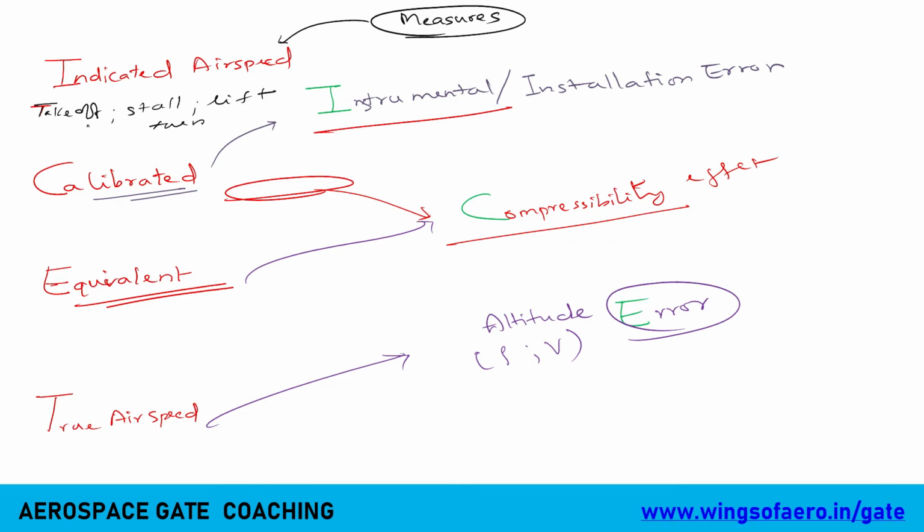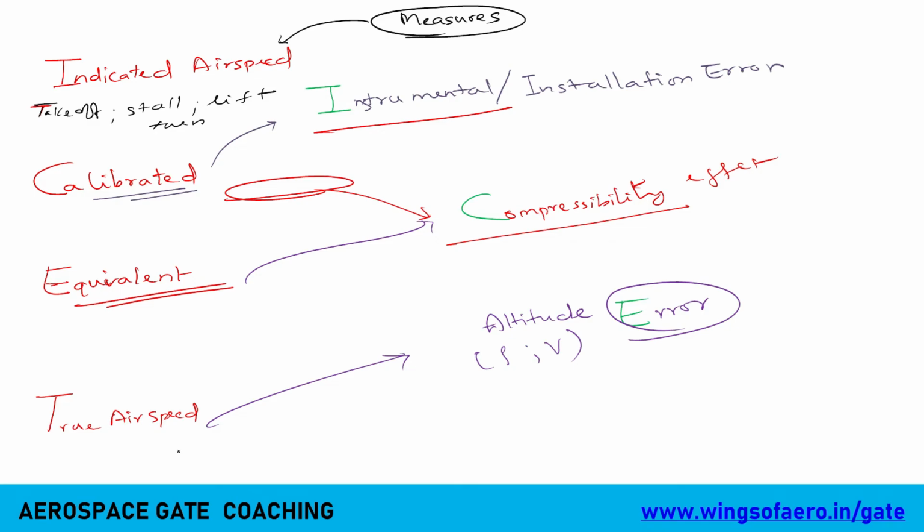Ma'am, why can't they use true airspeed during takeoff and stall instead of using indicated airspeed? With true airspeed there are certain errors, altitude errors, but this kind of performance is a very precious thing.